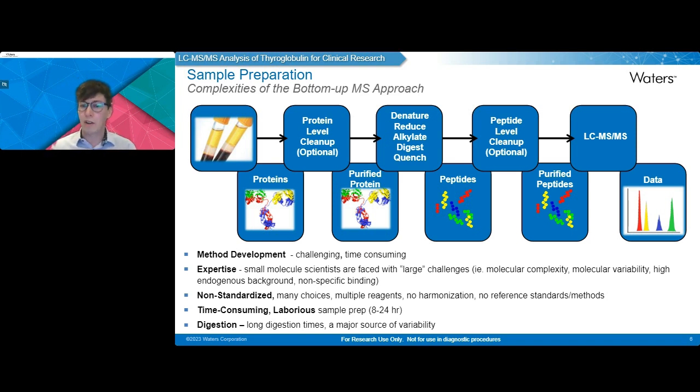Many methods are non-standardized with many choices, multiple reagents, and limited reference measurements, procedures, and standards. The sample prep itself can actually be quite extensive at times, much longer than small molecule analyses. And the digestion of the proteins can take time and be a source of variability and inaccuracy.